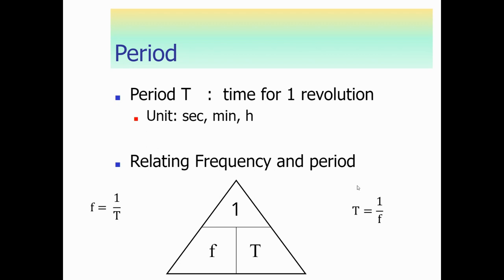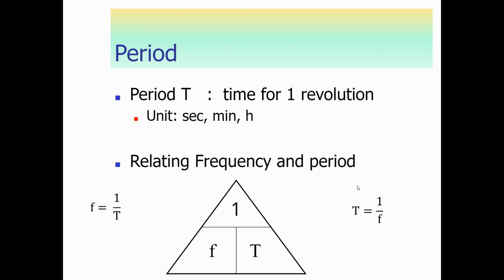So if something has a period of 2 seconds, it means it takes 2 seconds to make this circle, this full lap. What would the frequency of that be? Frequency would be 1 over the period. If the period is 2, frequency would be 1 over 2, or 0.5. And that unit would then be hertz.